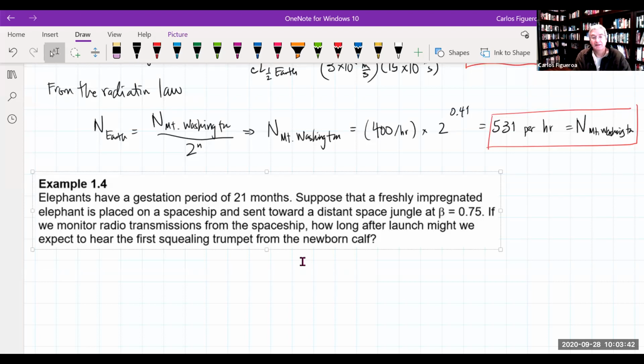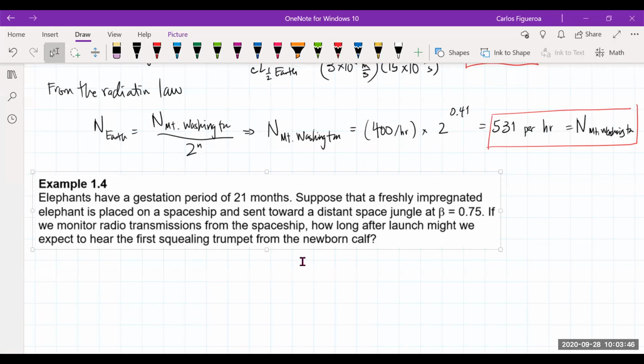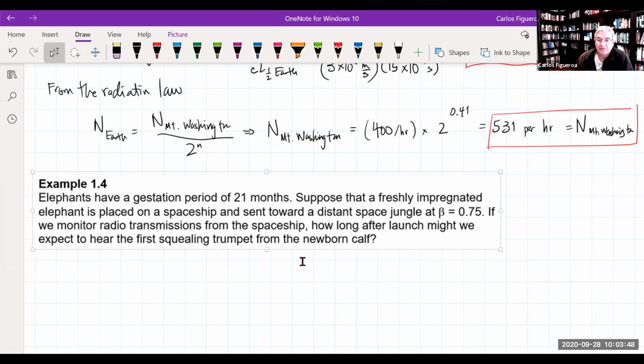By the way, just to show you that the special theory of relativity is really radical, it's so radical that the general theory of relativity was actually experimentally shown to be more valid than special relativity.